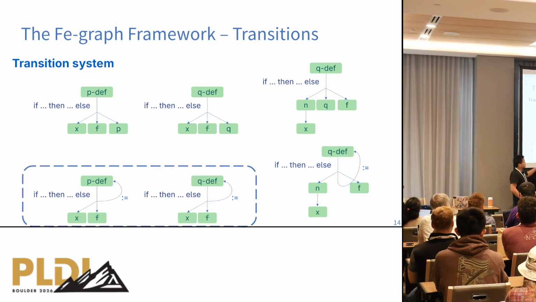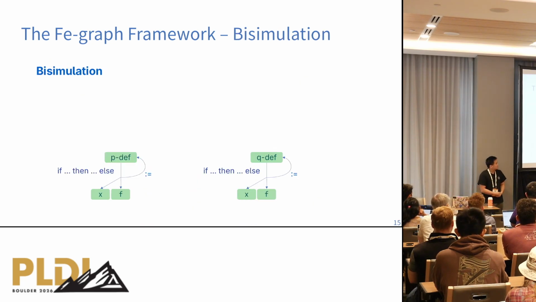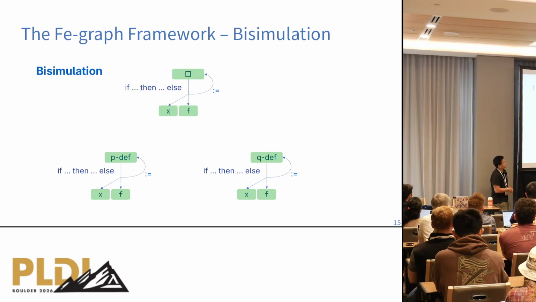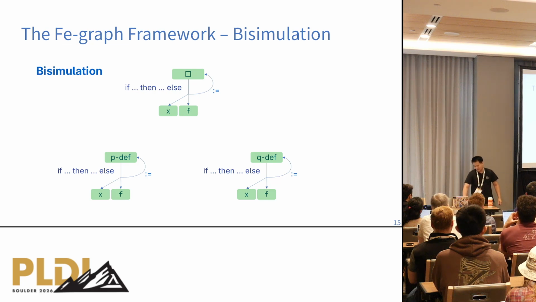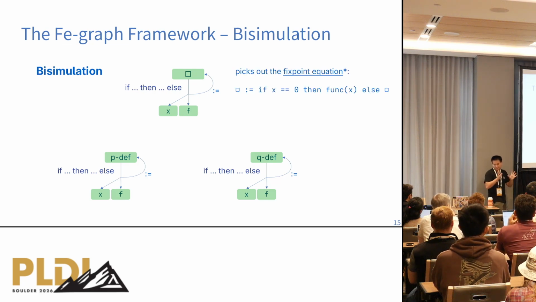In particular, we notice that these two look very similar, right? If we replace P-def with Q-def, which are just E-classes, these two look exactly the same. And this is where bisimulation comes in. When we are given these two E-classes that look similar, we can construct a bisimulation on top of them. If you read really hard into the definition of bisimulation, it kind of extracts a fixed point equation: if x equals 0, then execute the function, else recurse.